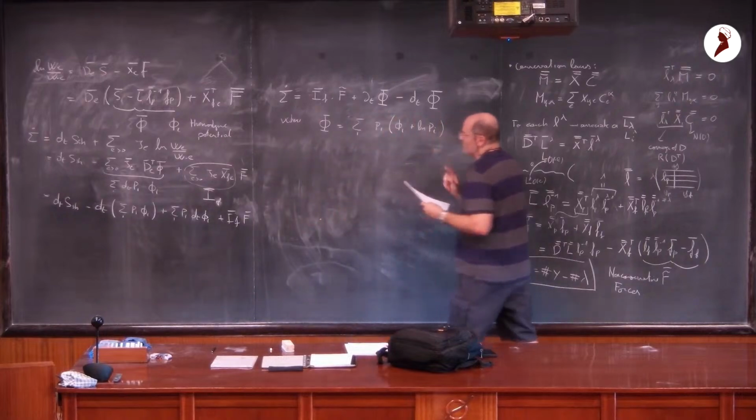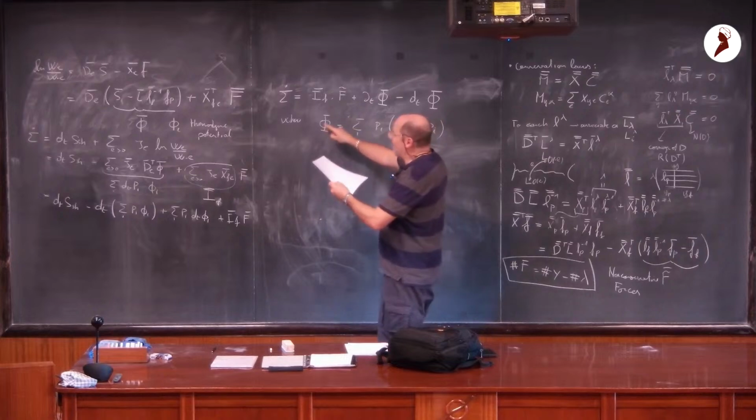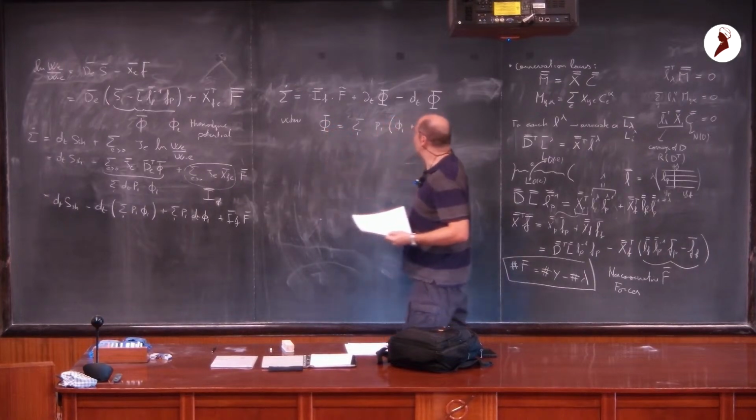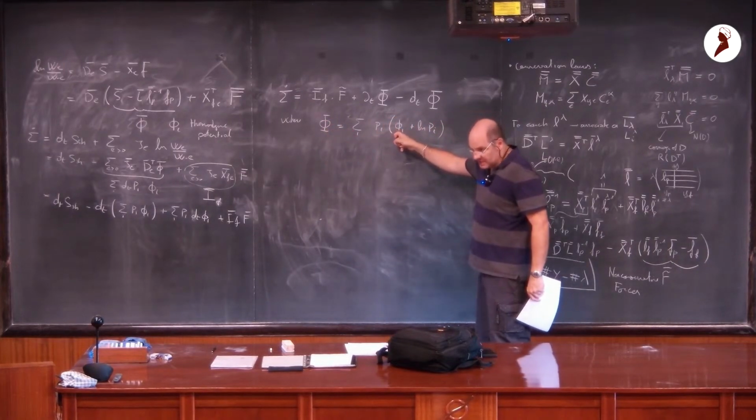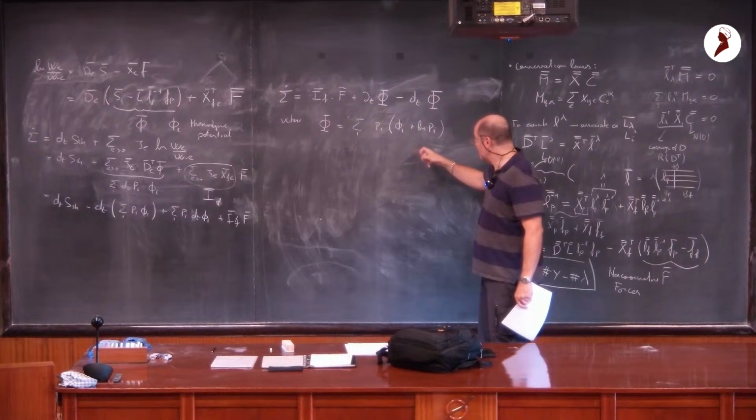And this is my thermodynamic potential. The real one, the averaged one. Okay, so we have the one of the state plus the entropic contribution from the log p part.